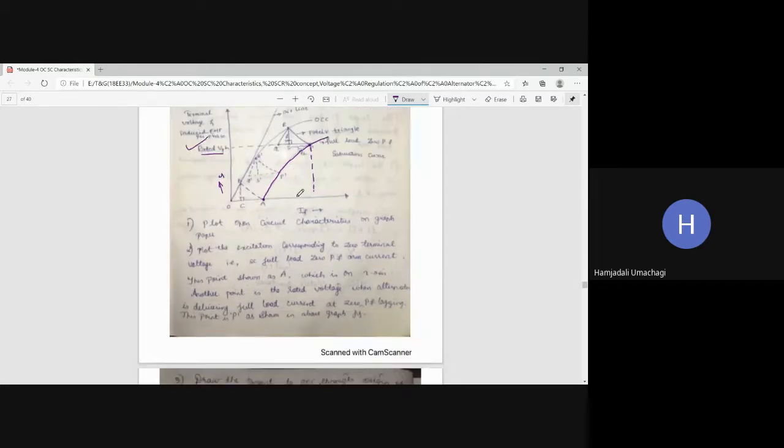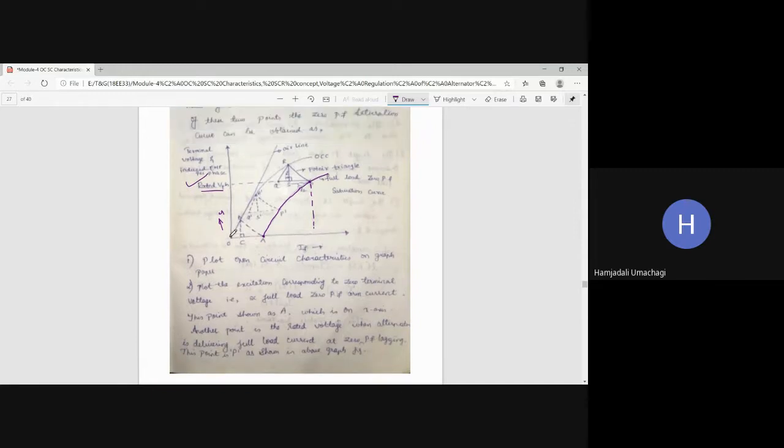Now, to plot this graph, there are certain rules. Let us see those rules here. Plot open circuit characteristics on the graph paper. Always remember, for this also you should make use of graph sheets only.